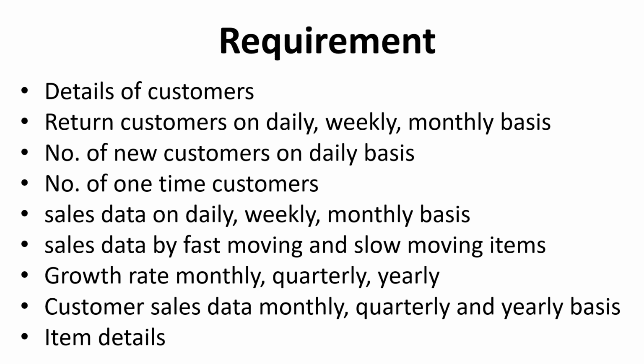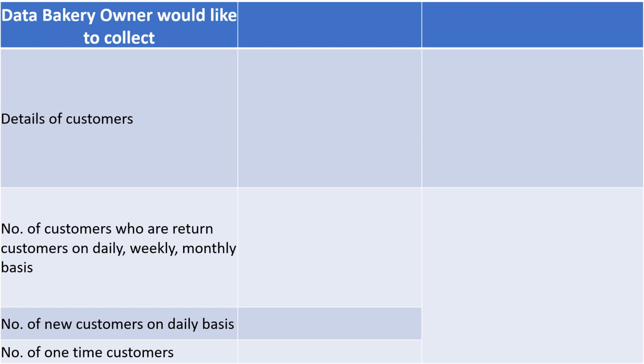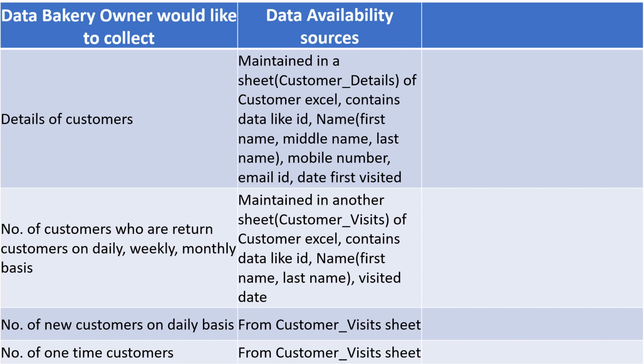Now, after he shares these requirements with Mohan, Mohan comes up with a table where he lists down all the requirements. Within those requirements, he gets information from the owner, such as where the details of customers are maintained. The bakery owner says the customer details are maintained in an Excel file.